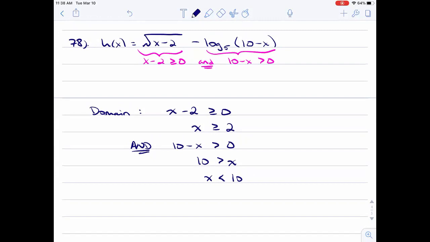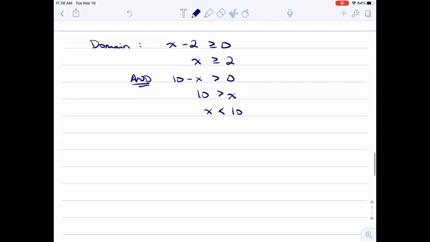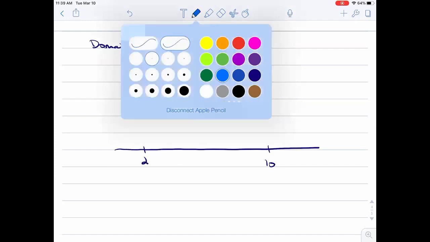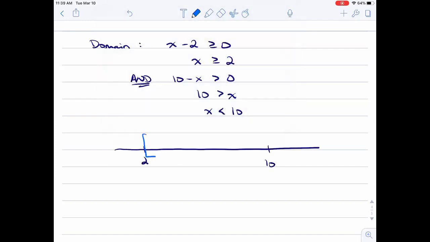So now what we're saying is that x has to be greater than or equal to 2. So if we talk about this on a number line, right, it might be easier to kind of visualize. So we've got 2 and we've got 10 here. And we're saying that x has to be greater than or equal to 2, right? So we have to move this way inward. Square brackets because it's inclusive, right? Or if you do a solid dot or something like that.